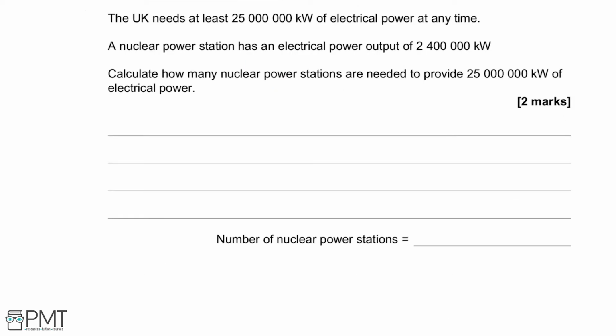For the second part of the question, the UK needs at least 25 million kilowatts of electrical power at any time. A nuclear power station has an electrical power output of 2,400,000 kilowatts. Calculate how many nuclear power stations are needed to provide 25 million kilowatts of electrical power. So, the two numbers that we're working with here are 25 million kilowatts and 2,400,000 kilowatts.